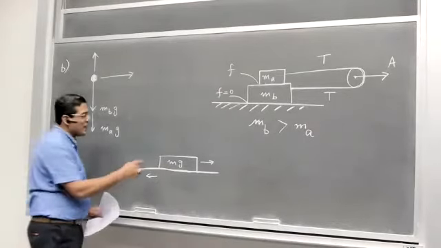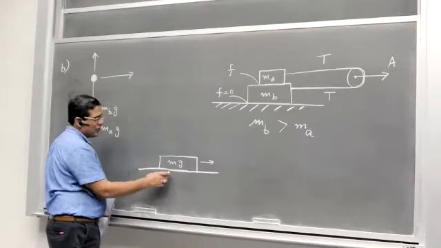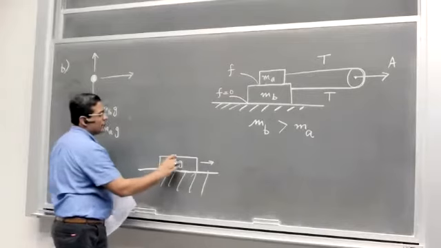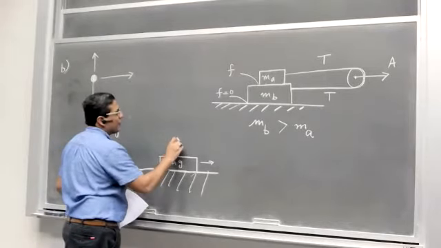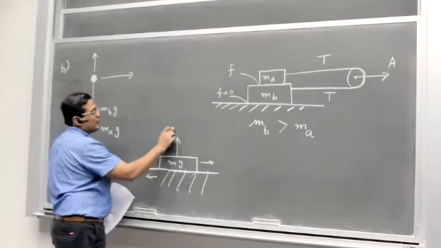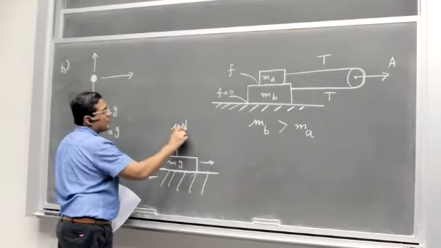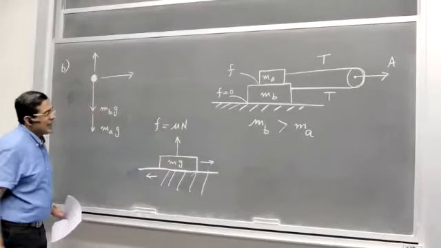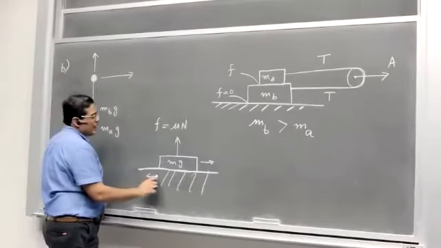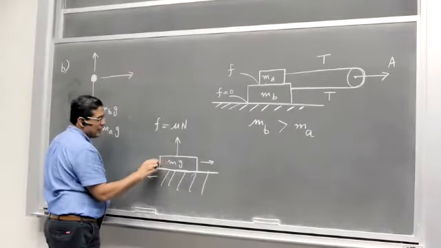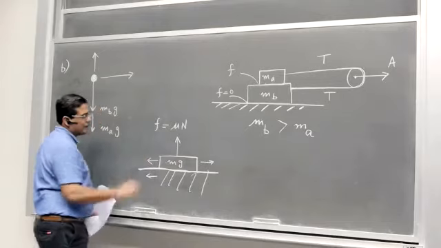We can find out the friction of this lower surface on the block using this relationship. If we can figure out the normal force, then the friction would be simply mu times the normal force. That would be the friction, and it would be acting on this object in the opposite direction of motion.